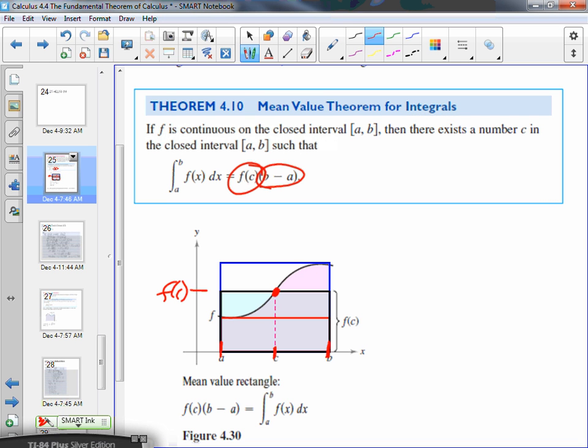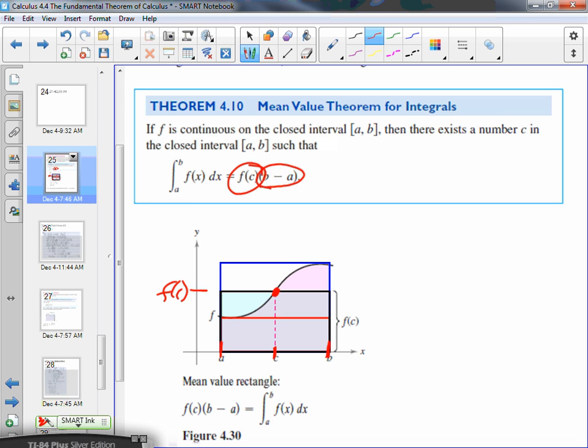Well, that would be the height of that black rectangle. So c is the x-coordinate that gives you the correct height to get that area. Okay? Does that make sense? We will be finding c.